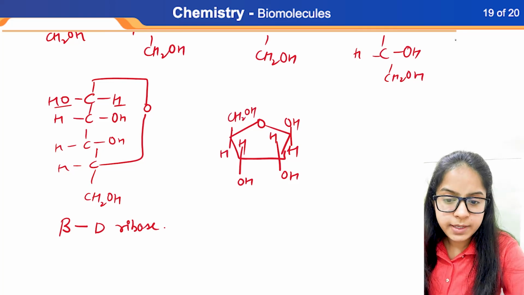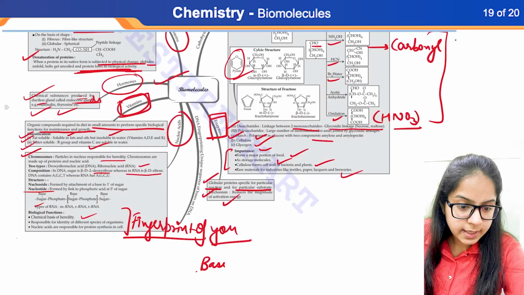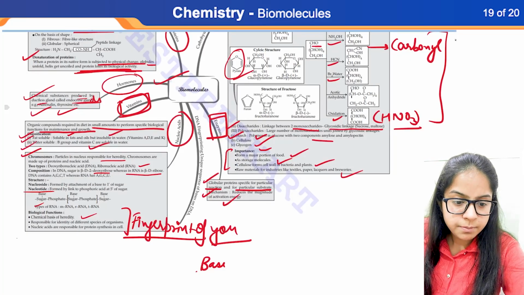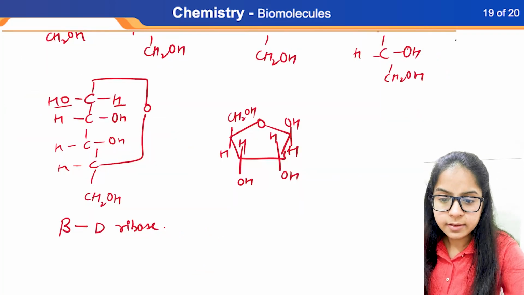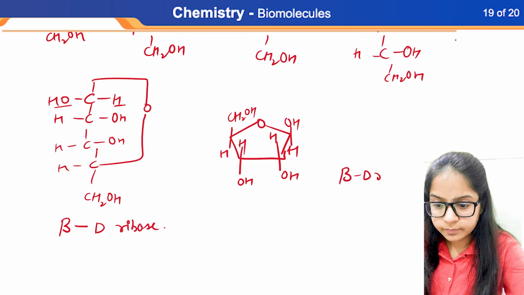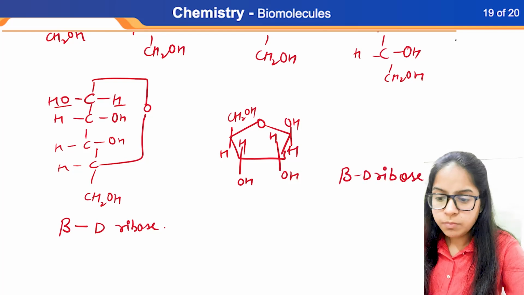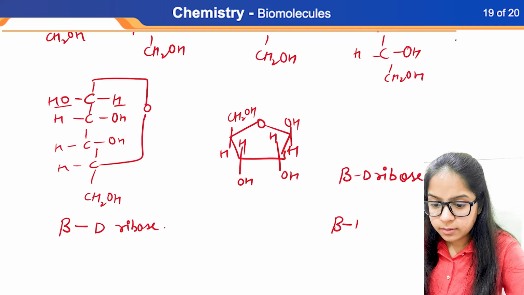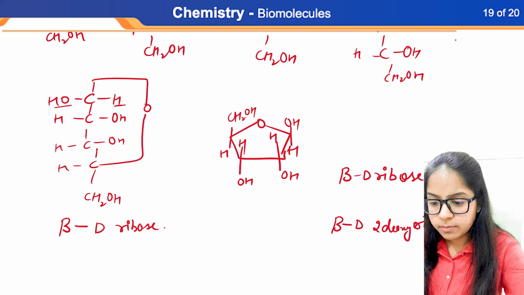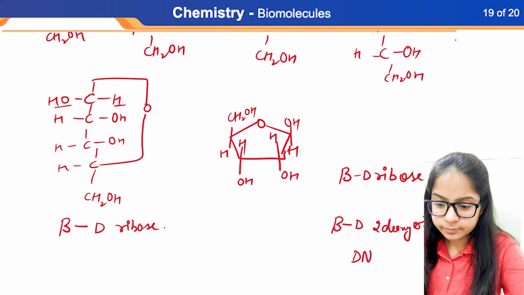This is beta D ribose. You can see here beta D ribose. How you can form beta D 2-deoxyribose, means DNA. This is RNA.